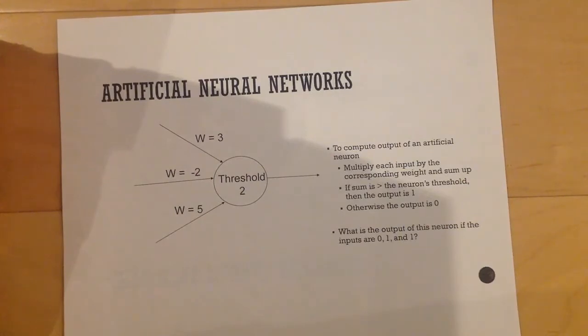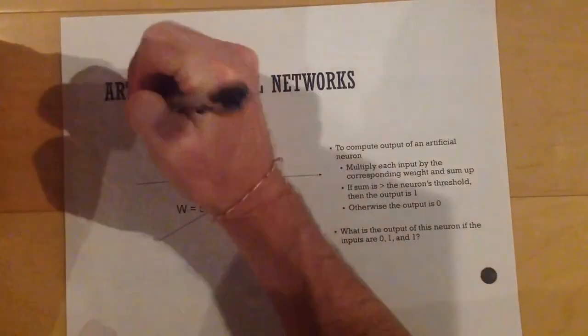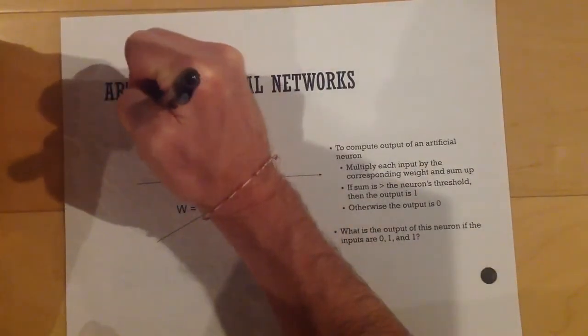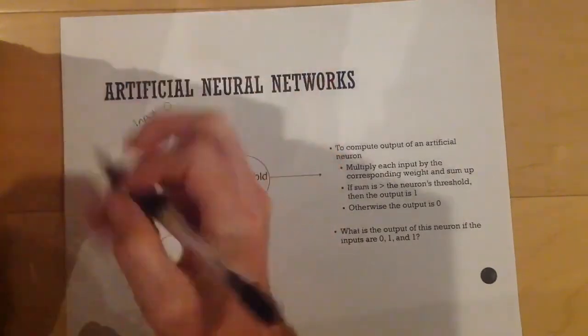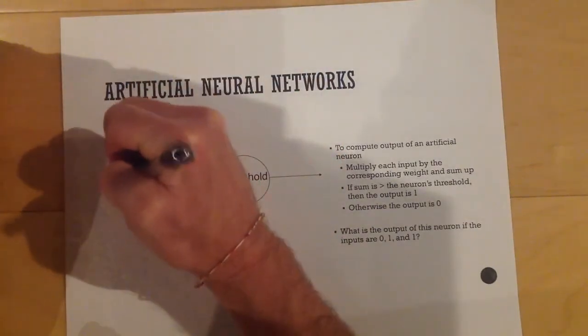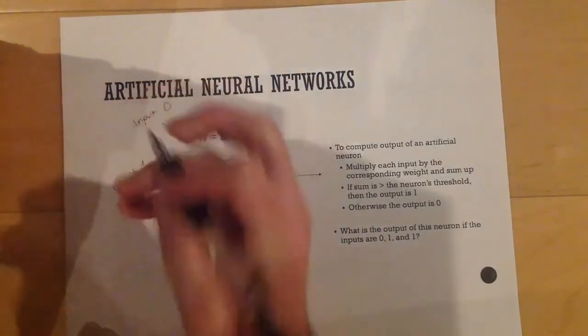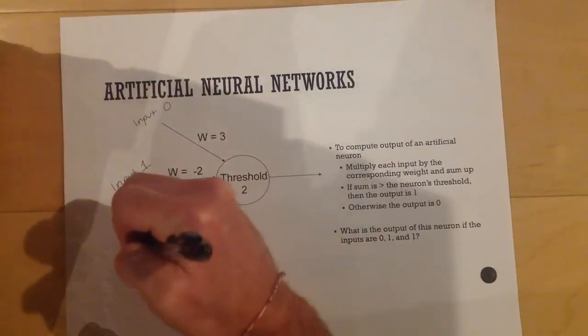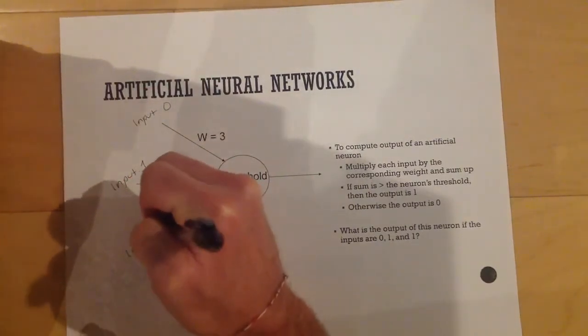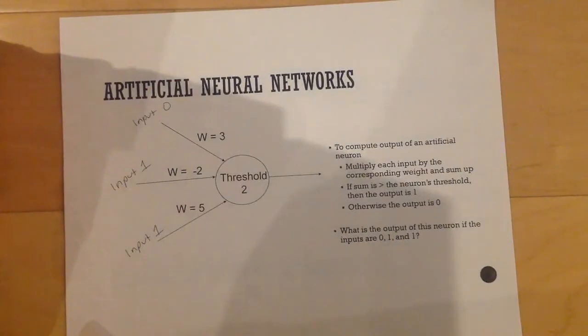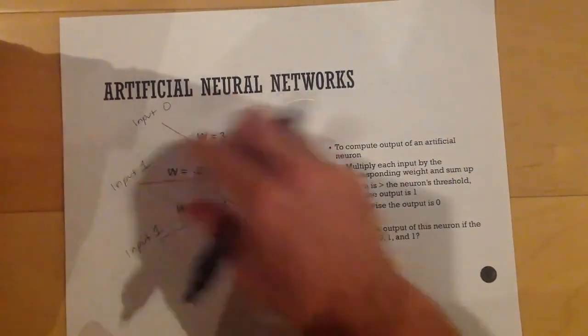So the question says, what is the output of this neuron if the inputs are 0, 1, and 1? So imagine that this one is getting an input of 0. This one is getting an input of 1. And this one is getting an input of 1. Again, this is analogous to the dendrites.